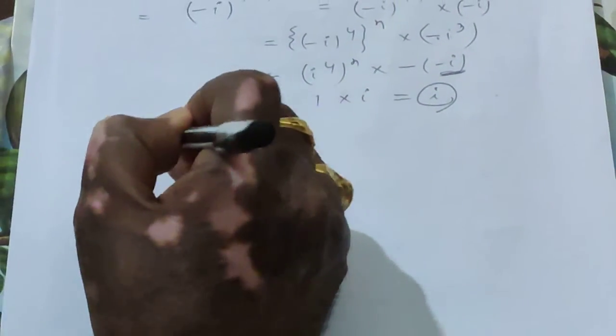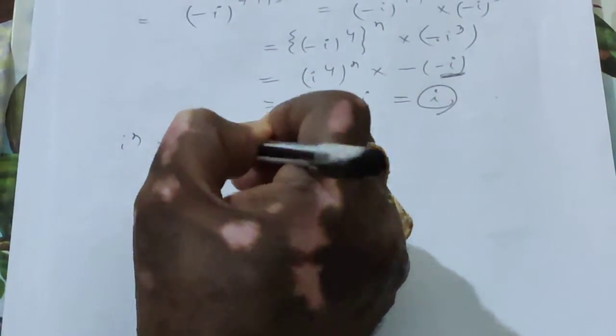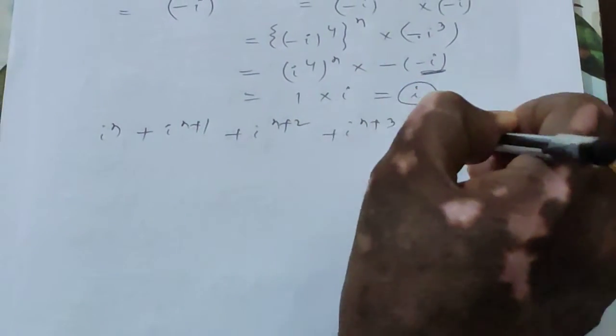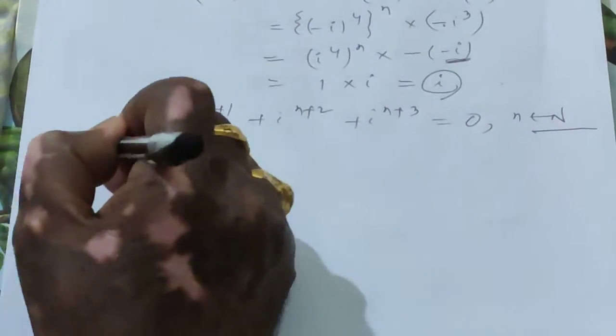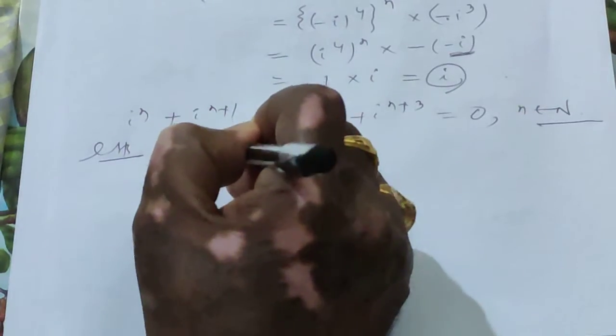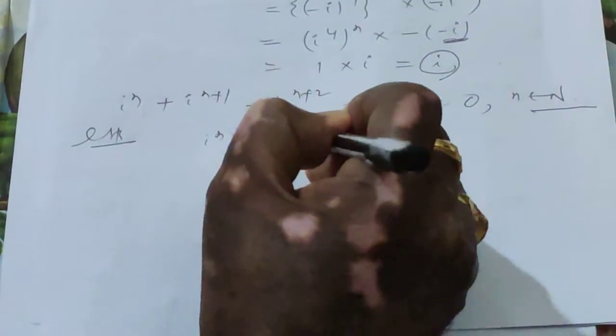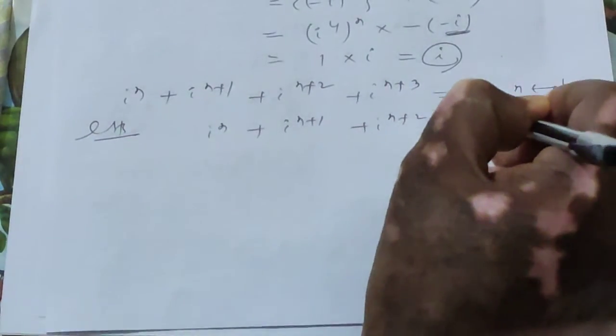Now show that i to the power n plus i to the power n plus 1 plus i to the power n plus 2 plus i to the power n plus 3 equals 0 for all n belongs to N. Take LHS: i to the power n, i to the power n plus 1, i to the power n plus 2, i to the power n plus 3.